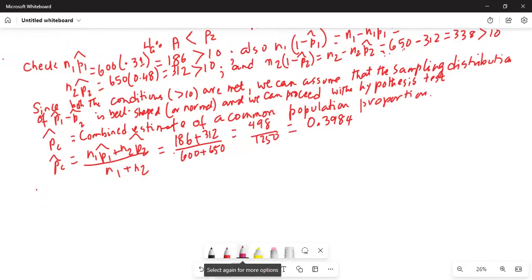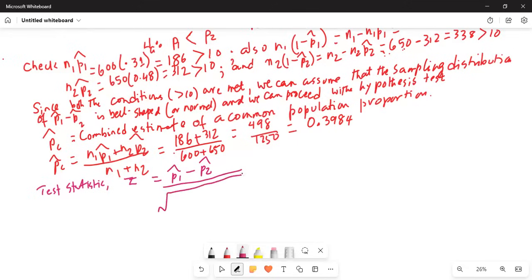So the formula for the test statistic, Z is equal to P1 hat minus P2 hat divided by the square root of PC hat times 1 minus PC hat divided by N1 plus PC hat times 1 minus PC hat divided by N2, everything under the square root.